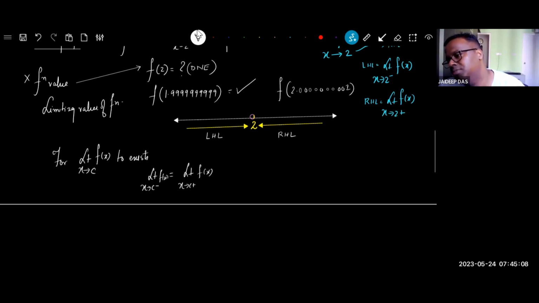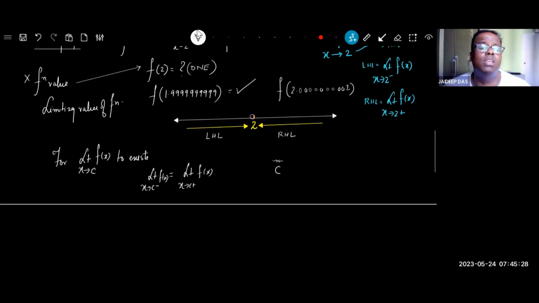Now, don't mug it up. Just try and understand. You will think, sir, how can these two be the same? Please understand that from point C, whether you are approaching from this side or from this side, I'm making the deviation infinitesimally small, very, very small on either side.